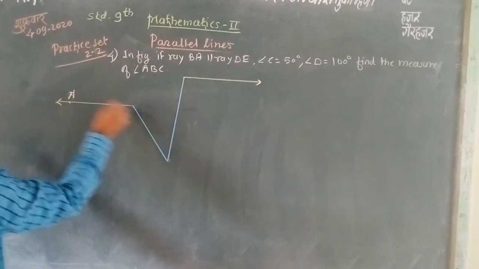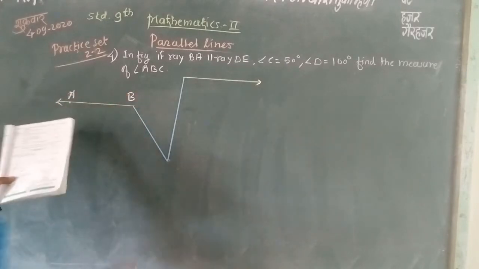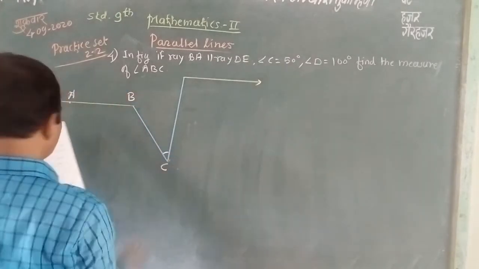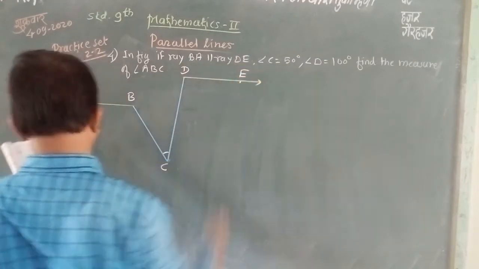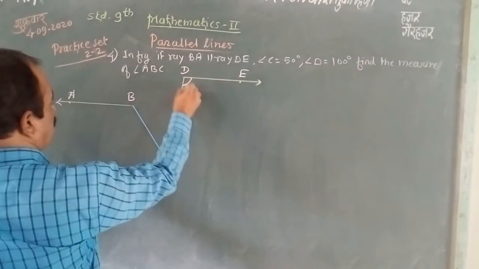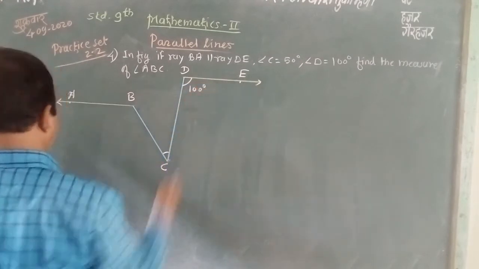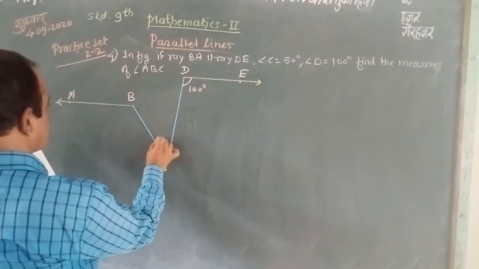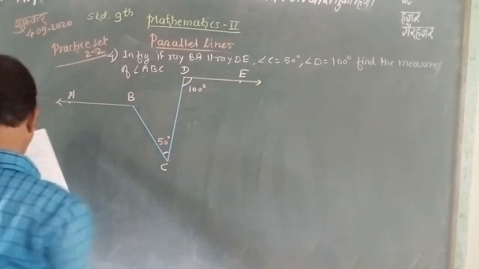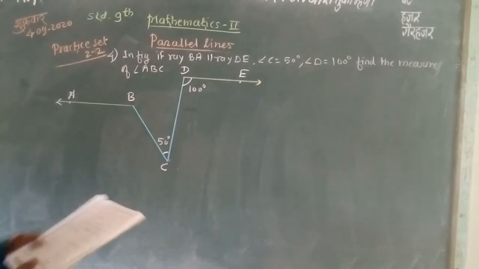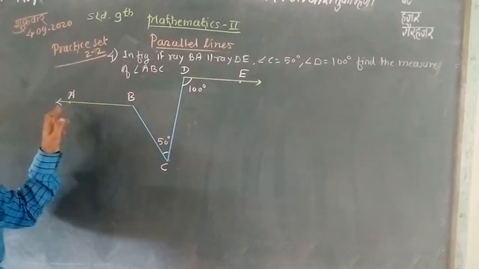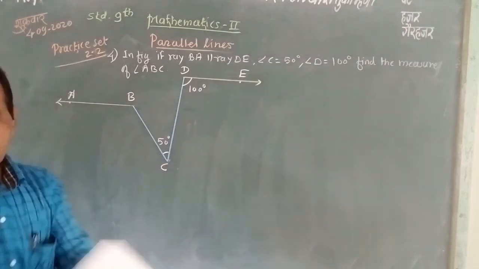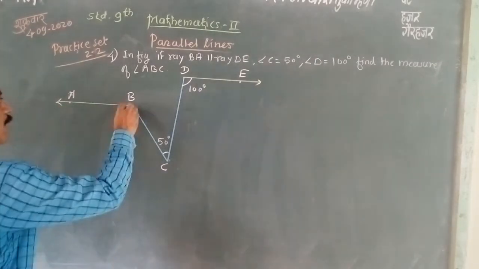This is point A, here is point B, this is point C, D, and here is E. Angle D is given 100 degrees, angle C is given 50 degrees, and then we find the angle ABC. Look here, where is angle ABC?